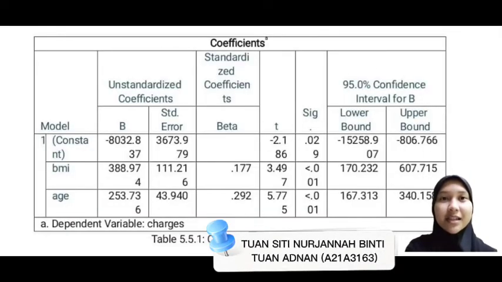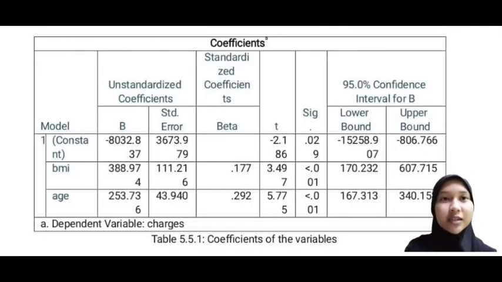Next, prediction and modeling. According to the model of life insurance, the intercept is negative 8032.837, and the value of the life insurance charges will increase by 388.974 for each increase of 1 unit of the body mass index, BMI.